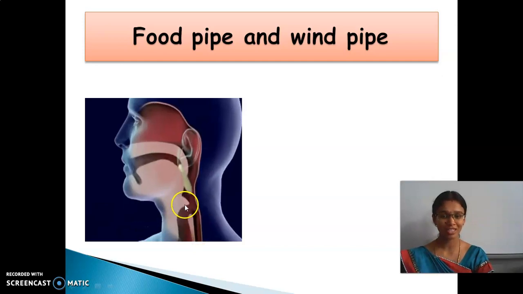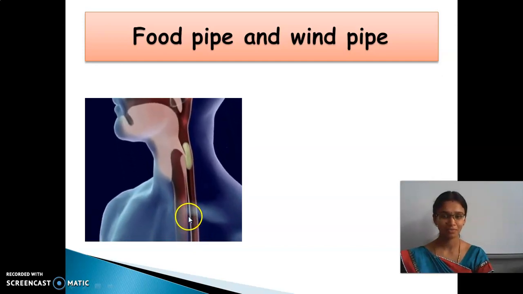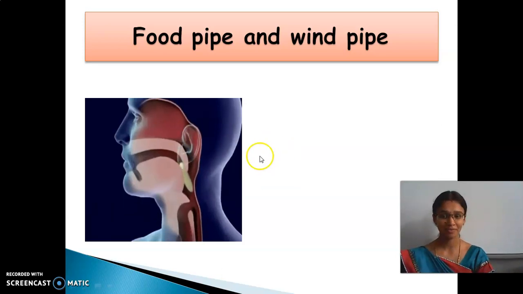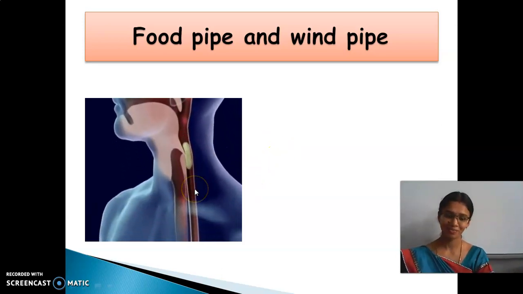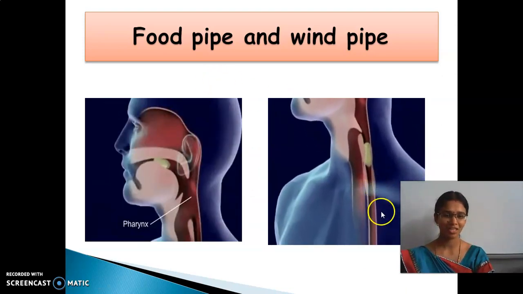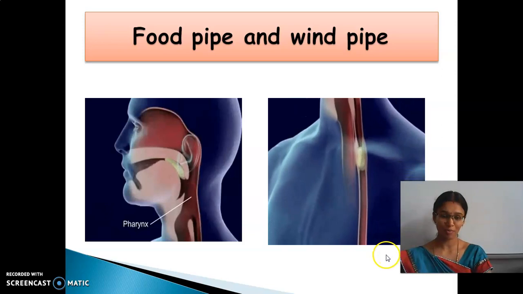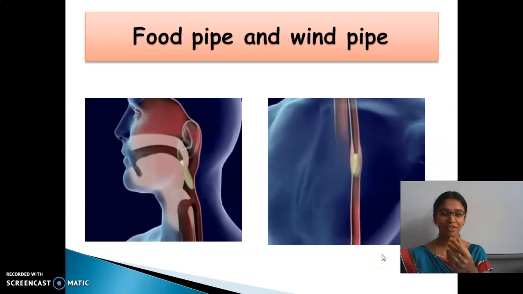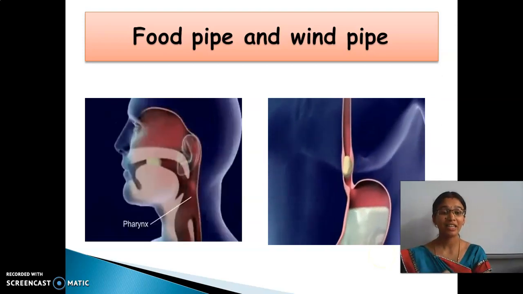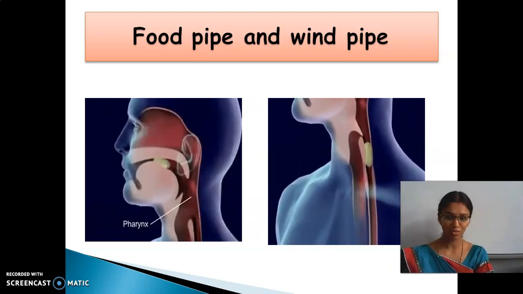It closes. Watch here. The windpipe closes, and as soon as the food passes, it opens. Then the food reaches the stomach. So the first part is in the buccal cavity, second in the esophagus, and then the food reaches the stomach.